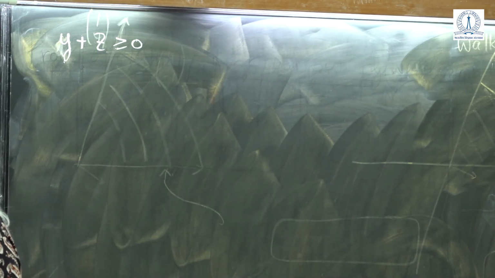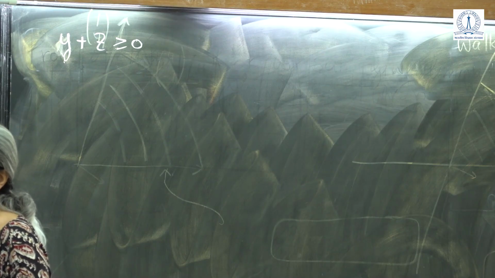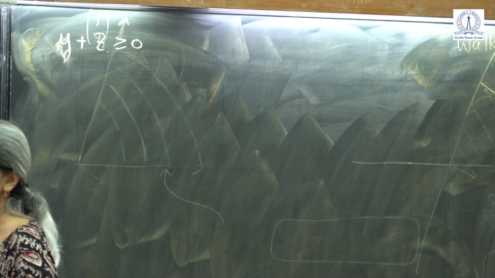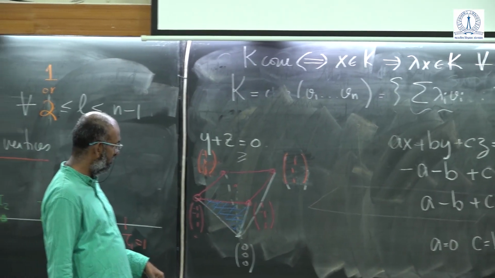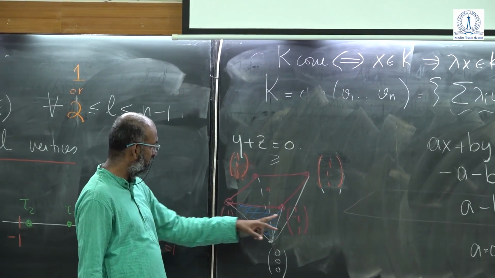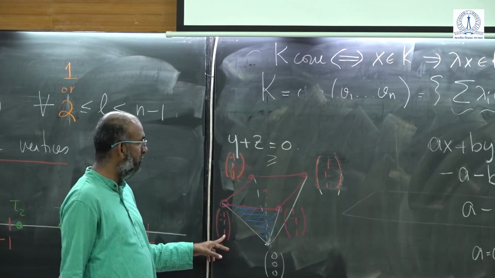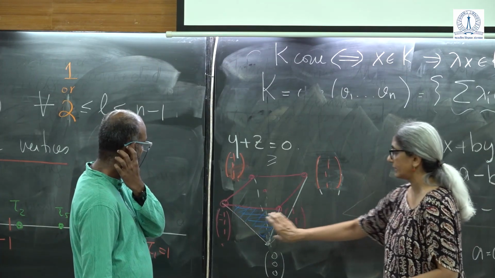So we can take the one that is equal to 1, and from that we can get the relation. For example, in this case, y plus z is equal to 0. That's because the y coordinate was the same, and z is 1. So y plus z equal to 0 was satisfied by this point and this point.